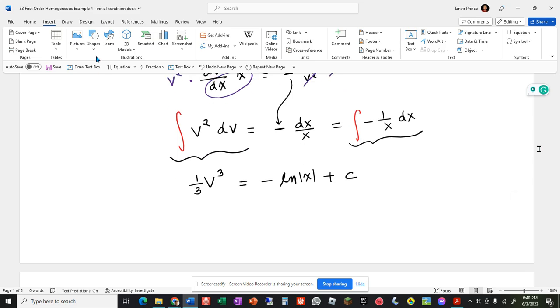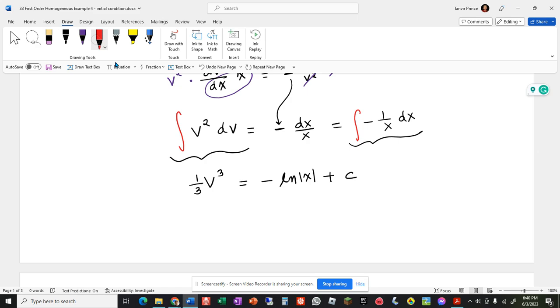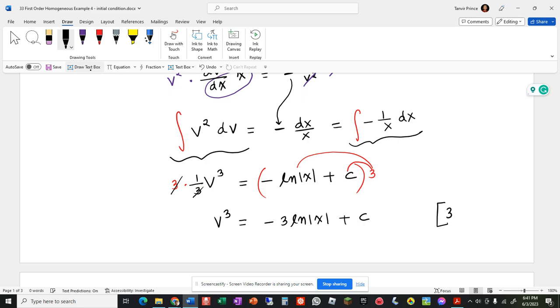So let's multiply both sides by 3 to get rid of this 1/3. And remember, 3c is actually c, because c absorbs any constant. So I end up with v cubed is equal to -3 ln x plus c. Again, 3c is just c, an arbitrary constant absorbs that factor 3.